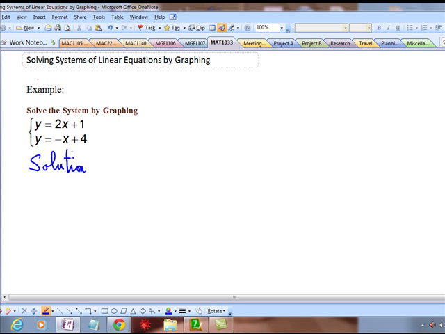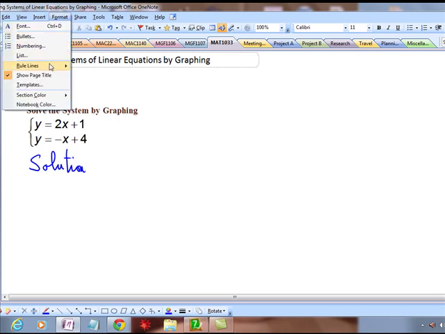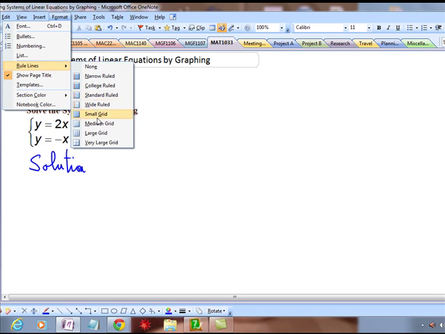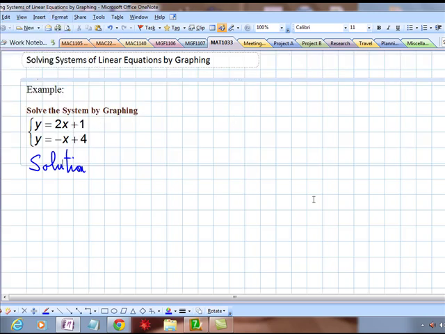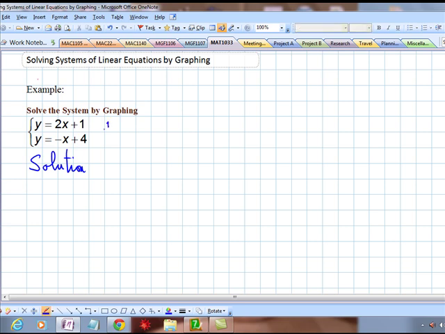First step, we're going to graph these two lines. So I'm going to change this into a graph. Let's call this line 1, and let's call this line 2.